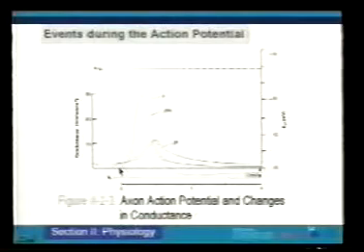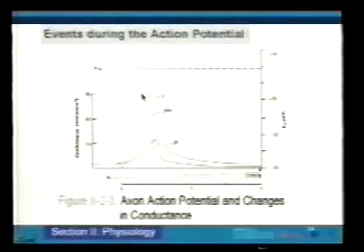Under resting conditions, the sodium conductance is 0. During depolarization, sodium conductance is progressively increasing. Now, the peak sodium conductance, which is this point here, is the same as the peak of the action potential in time.